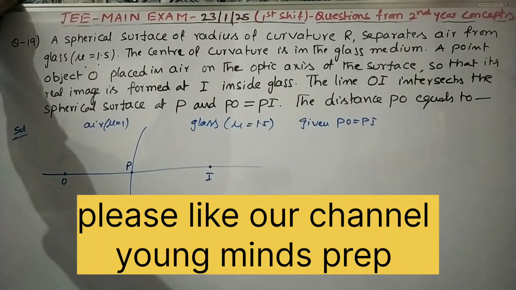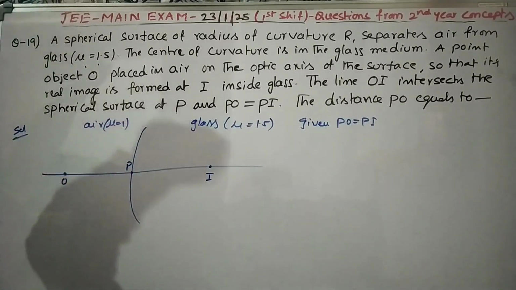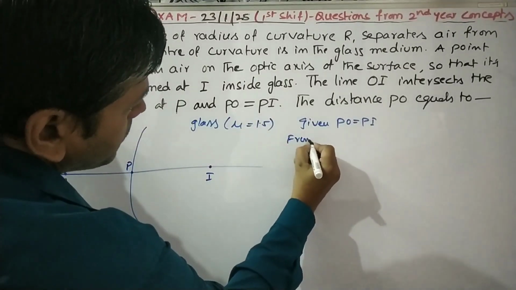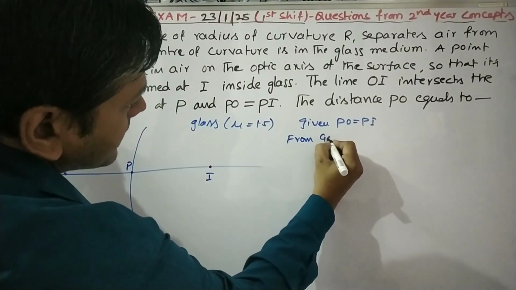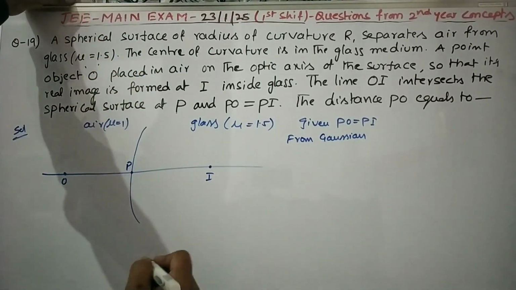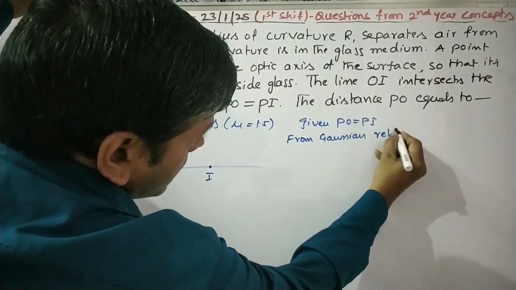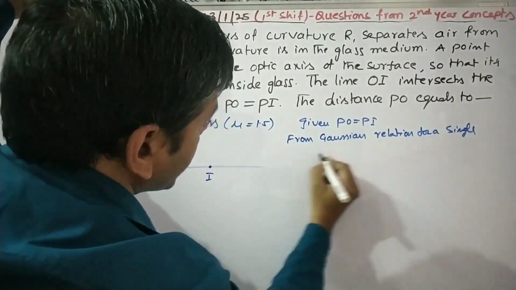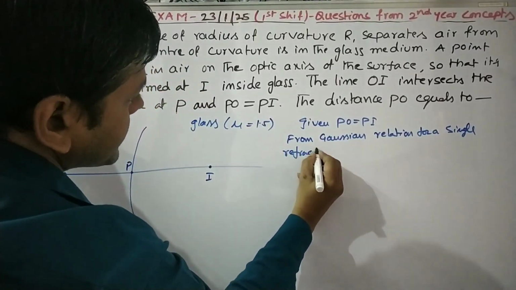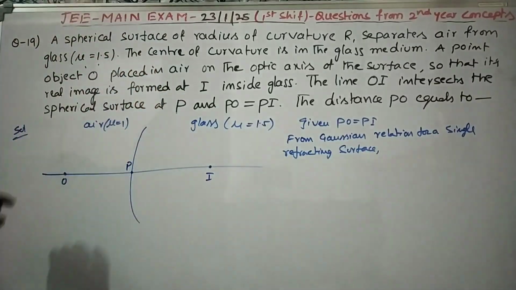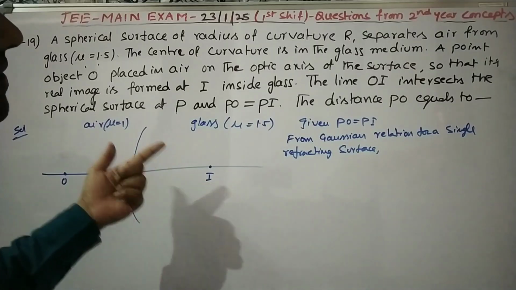Okay, you know very well, according to the Gauss relation for a single spherical refracting surface, what is it? From the Gaussian relation for a single refracting surface, it is nothing but the relation between object distance, image distance, and radius of curvature.